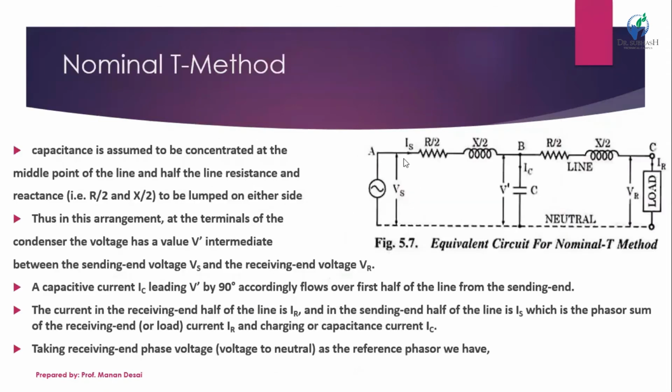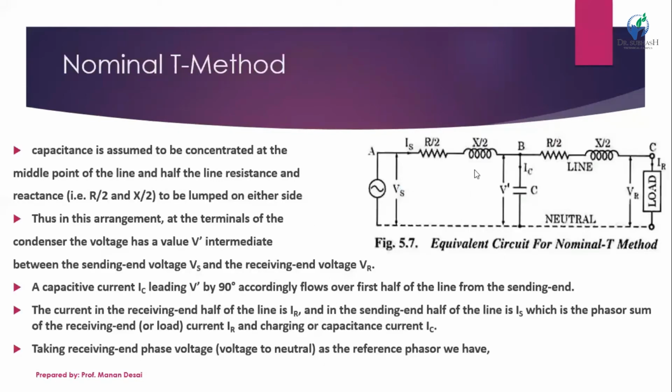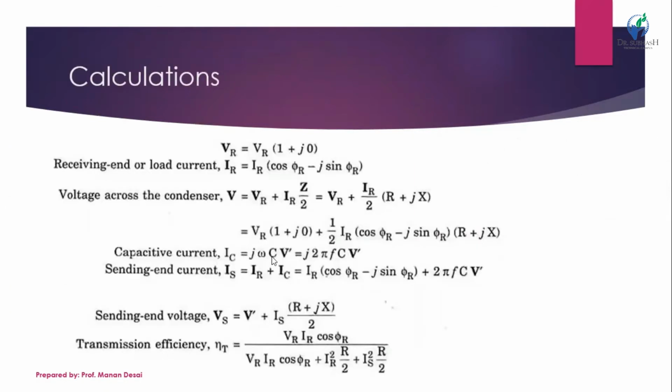IS is IR plus IC, that is, the receiving end current plus the capacitive current.